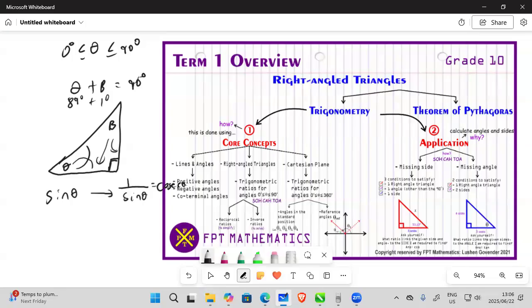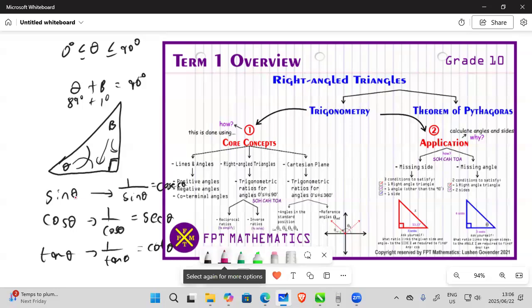The reciprocal for cos of theta is 1 over cos of theta, which is equal to sec of theta, right? And the reciprocal for tan of theta is equal to 1 over tan of theta, which is equal to cot of theta. Now remember, reciprocal means you swap the numerator and the denominator. That is very different from an inverse. Note the distinction there. And then how you remember this here, you look at the third letter, S, S, C, C, T, T, right? So that's what we call reciprocals.